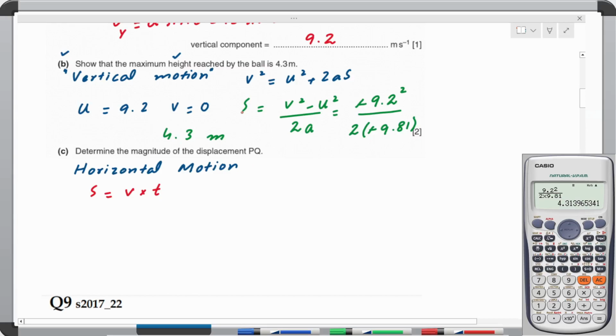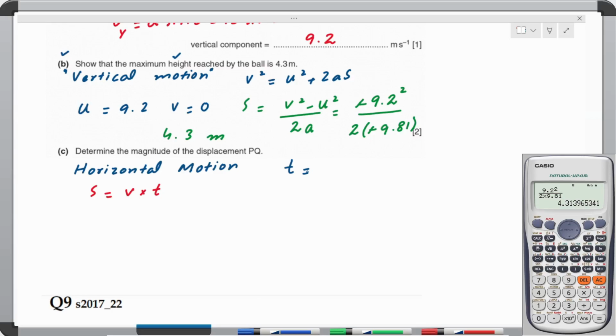One of the quantities that is the same for the vertical motion and for the horizontal motion is the time. Since the ball completes the vertical motion and the horizontal motion at the same time, in the same amount of time, time is something that links horizontal and vertical motion.